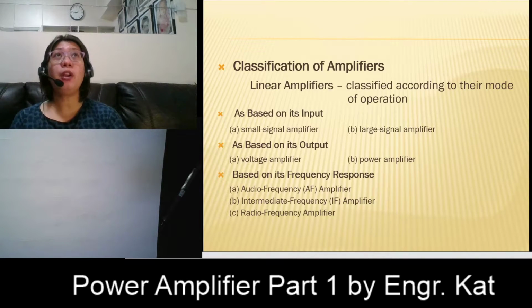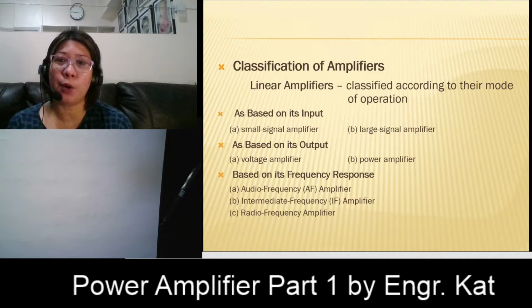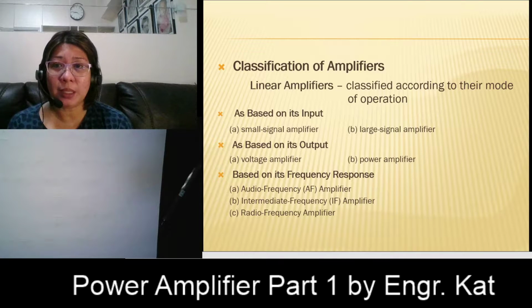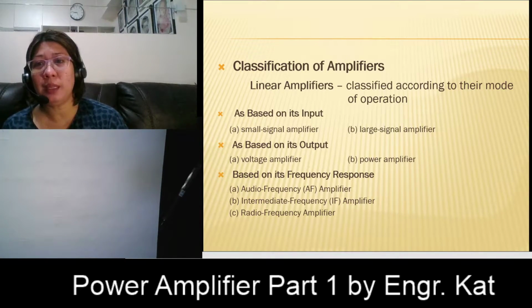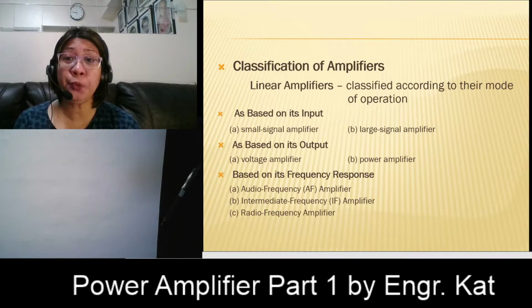Okay, so there are frequencies that are used in communications, particularly in AM or FM or TV broadcasting. They are called intermediate frequency. Intermediate frequencies lie somewhere between the modulating signal frequency or the audio frequency and the radio frequency.